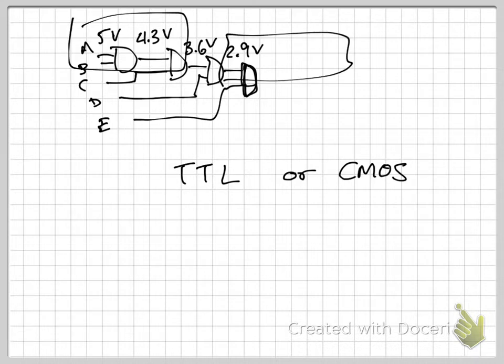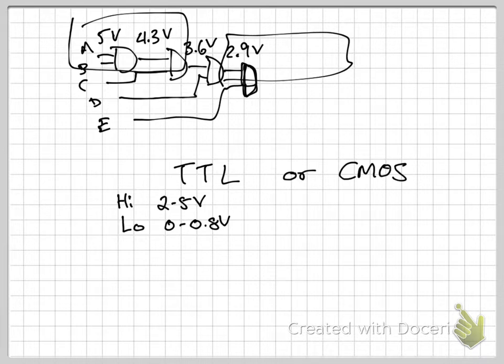The range for high is 2 to 5 volts, and low is 0 to 0.8 volts. So there's a range in between, 0.8 to 2 volts, which is indeterminate. You can't say for sure whether the TTL sees it as high or low, but it should see those ranges that are written as high or low.